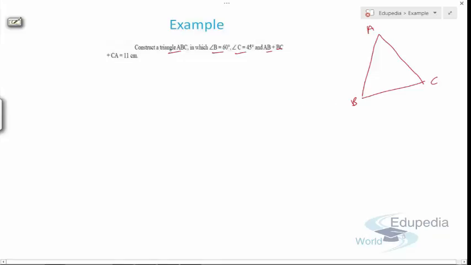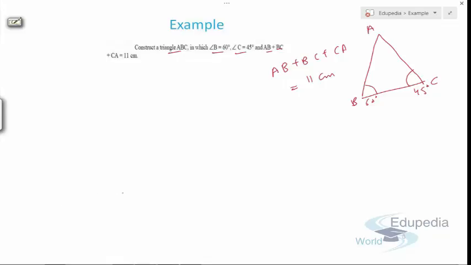What is given? Angle B is 60 degrees, angle C is 45 degrees, and AB plus BC plus CA is 11 centimeters. So this is how we have to solve.